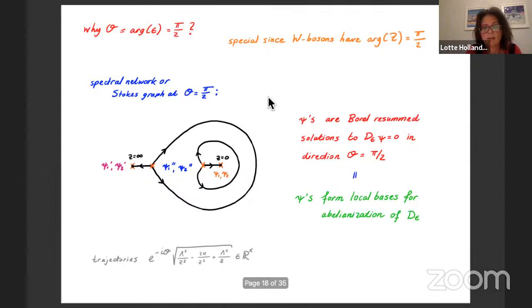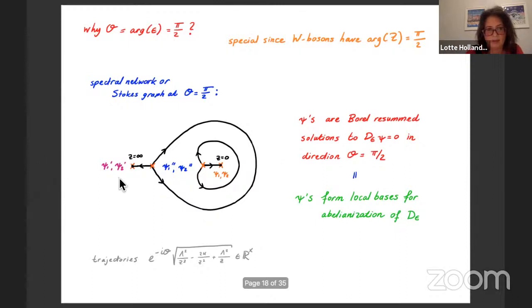So in particular, if you consider the spectral network or Stokes graph at this phase, it will look like the picture on this slide. So again, the black lines are the trajectories of the spectral network, and these trajectories divide the twice-punctured sphere into 3 regions, and in each of these 3 regions, we have a basis of solutions.